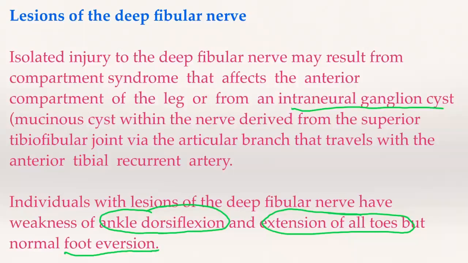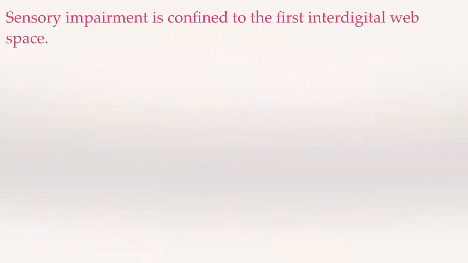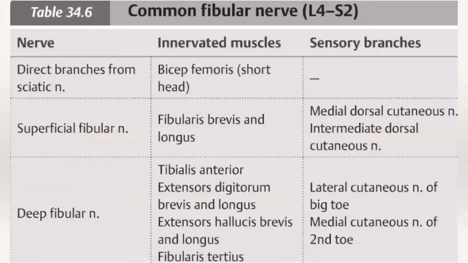Whereas a common fibular nerve lesion may cause inability to evert the foot, right? Along with ankle dorsiflexion and extension of toes. Sensory impairment is confined to the first interdigital web space, right? So these are the direct branches to biceps femoris.